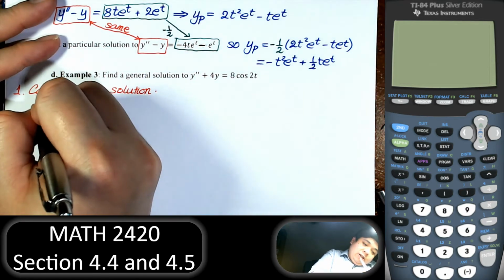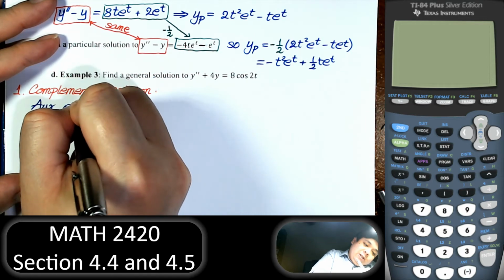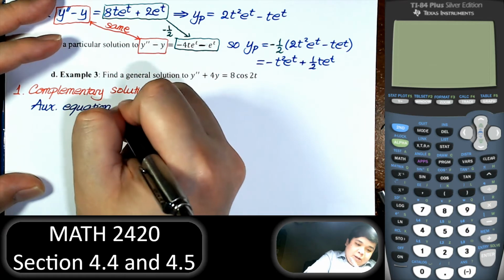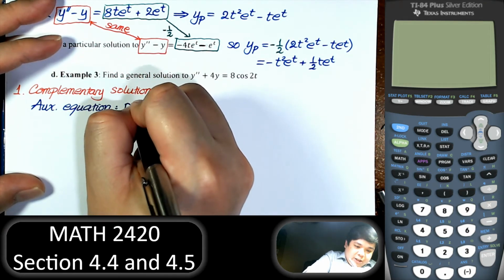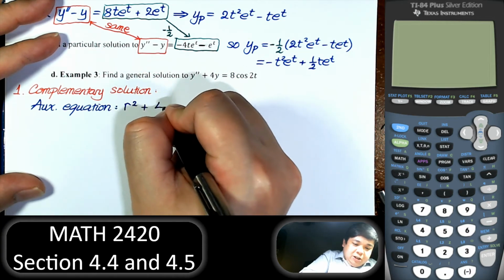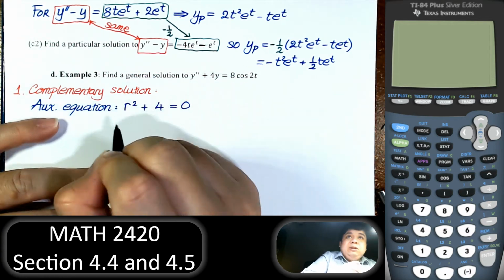Auxiliary equation: r squared plus 4 equal to 0.